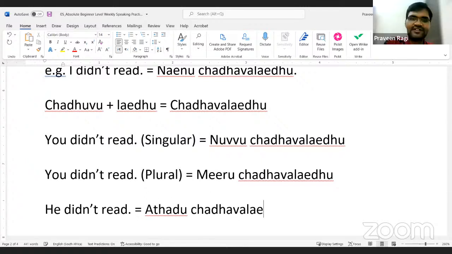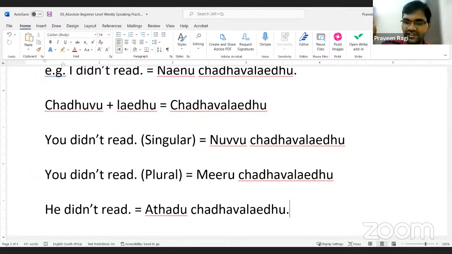There will be a type of sentence where we change the ending, that is related to ability. For example, if you want to say he cannot read, in that sense the ending will be atadu chadavaledu, memu chadavalemu, varu chadavaleru.